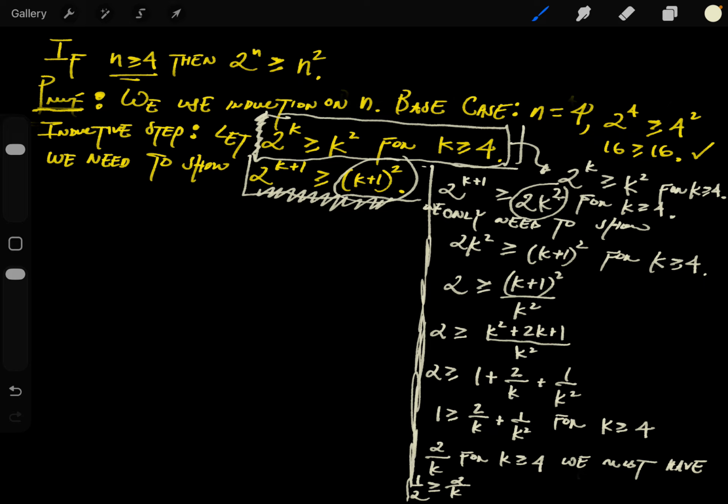Right? So that's this piece. And then this piece is less than a fourth, less than a half, whatever. But okay, this piece, 1 over k squared, must be less than or equal to 1/16 or 1/4.